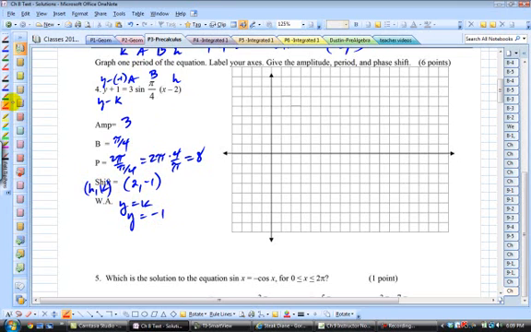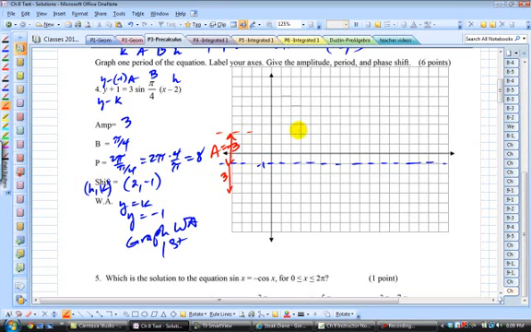So what I do when I graph this beast here is that I graph the wave axis first. So graph the wave axis first at -1. So let's say this is -1 here. And then I use the amplitude of 3, so I go up 3, and down 3 here.